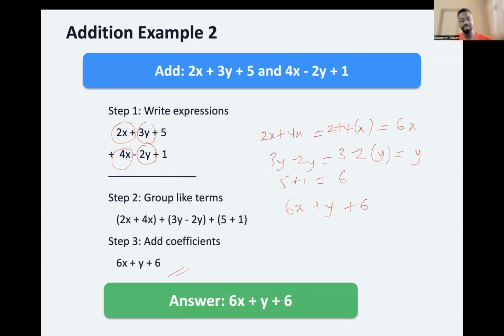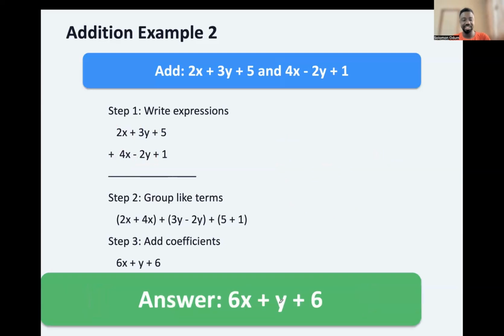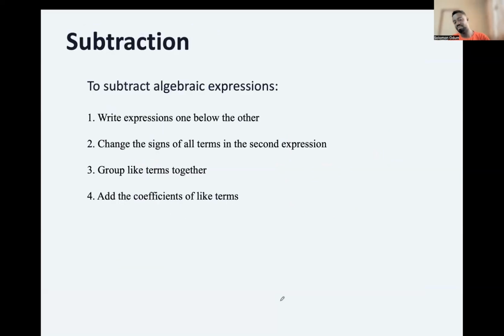Did you notice what we are seeing after the subtraction? The same applies to addition, but subtraction can confuse you. To subtract algebraic expressions, first write down the expression one below the other.